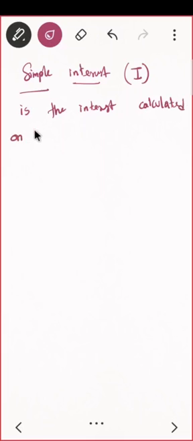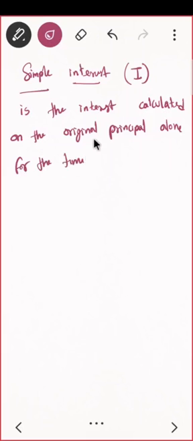Mostly it is denoted by I and SI, you can say either. It is the interest calculated on the original principal alone for the time during which the money lent is being used.